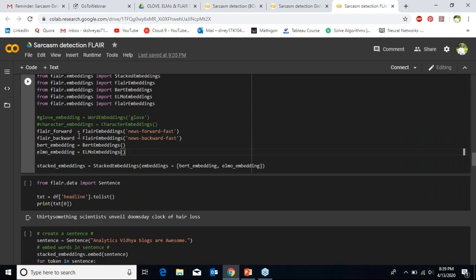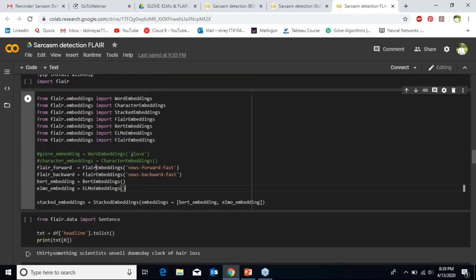FLAIR forward is a forward LSTM, and FLAIR backward is a backward LSTM. You can use stacked embeddings and stack both of these forward as well as backward LSTMs so that you can get better accuracy. Here I have used the stacked embeddings, and I have stacked BERT as well as ELMo.